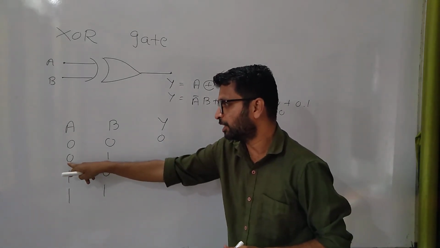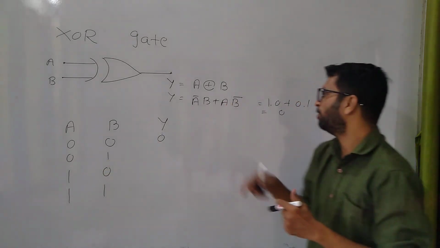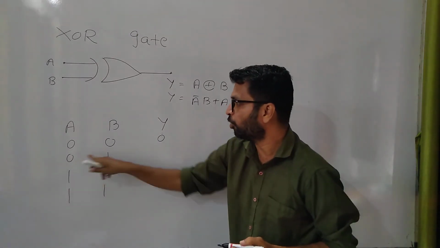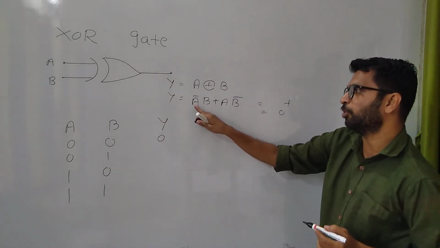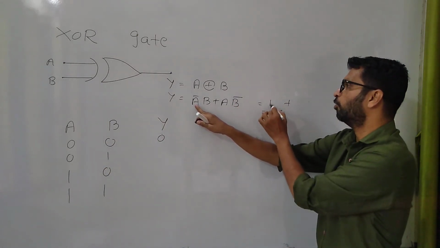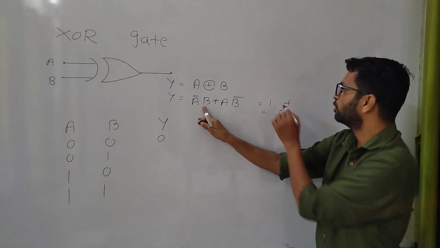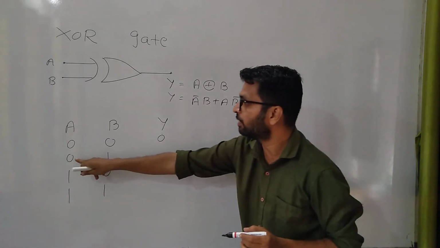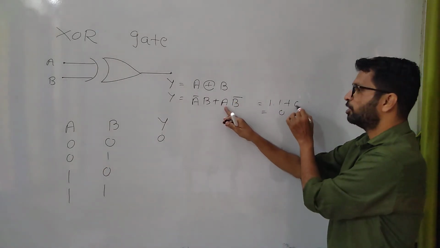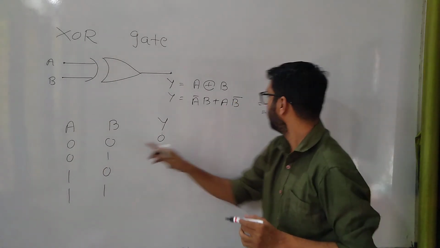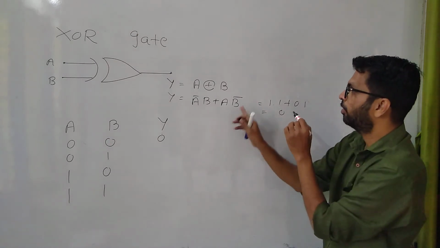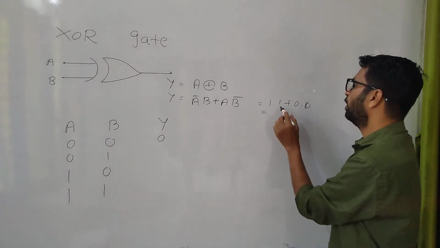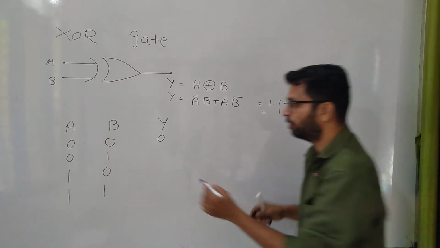For this 0 1, again we will check. A is 0, B is 1. A is 0, it means 0 bar is 1, B is 1, so 1 into 1 plus A is 0, B is 1, 1 bar means it is 0, so 1 into 1, 1 plus 0, so that is 1.